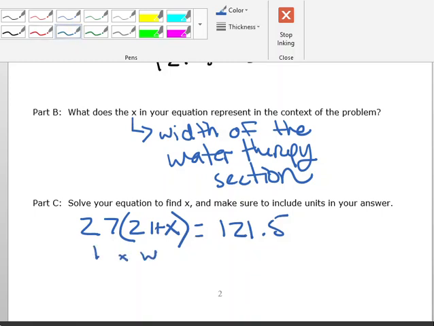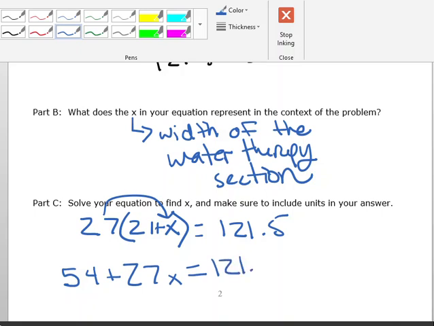I do need to use the distributive property here, and I'm going to be left with 27 times 2 is 54 plus 27 times x is 27x equals 121.5. Subtract 54 from both sides, and I'm going to come up with 27x is equal to 67.5.